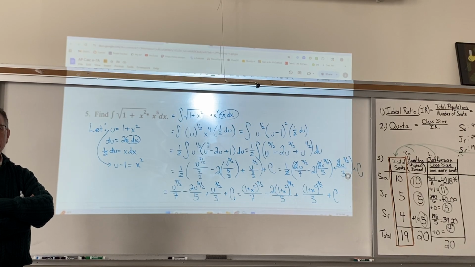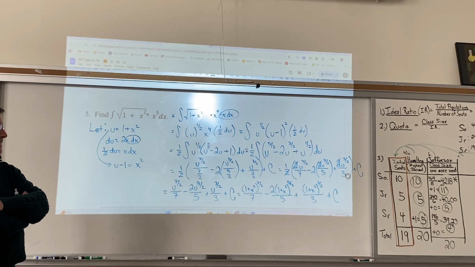There is another step we could do. They all have something in common, but you don't have to. We can pull out a 1 plus x squared to the 3/2 from everything, if you wanted to.